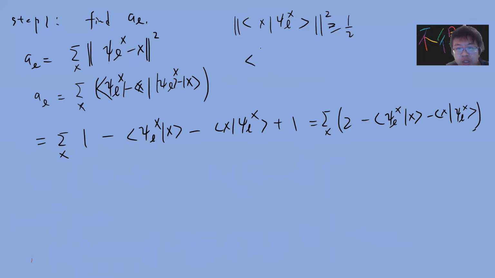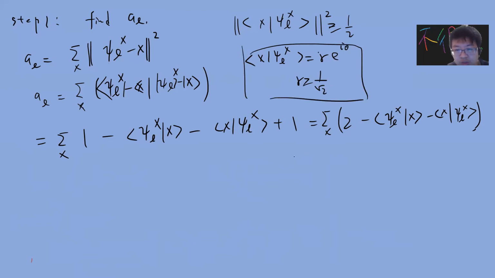So I can write these terms with some radius r, r exponential i theta, with r greater or equal to 1 over square root of 2. If you plug in r exponential i theta, for these terms you get r cosine theta.